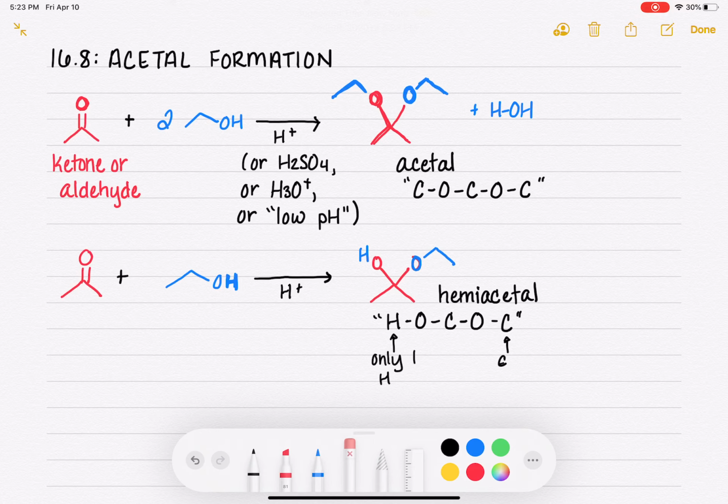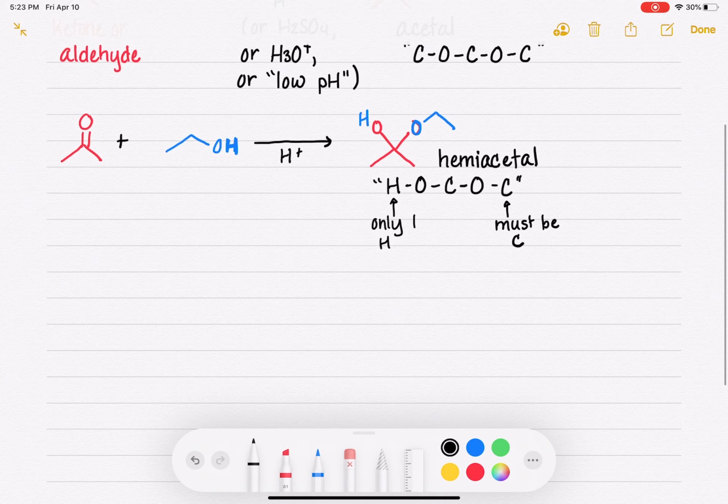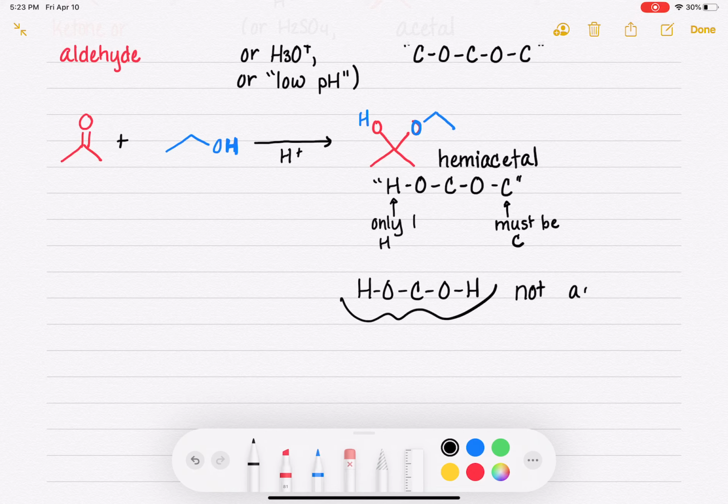So for the hemiacetal, this must be a carbon if the other one is a hydrogen. So this HOCOCH, this is not either an acetal or a hemiacetal.